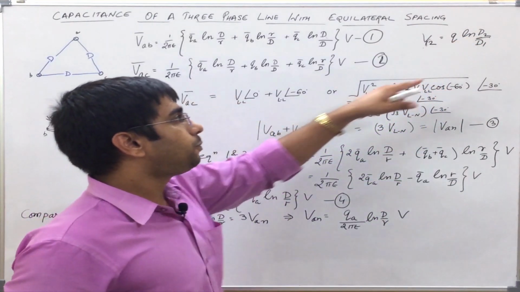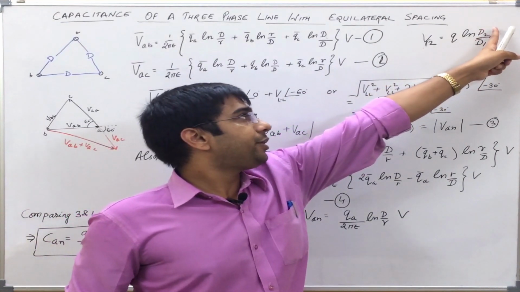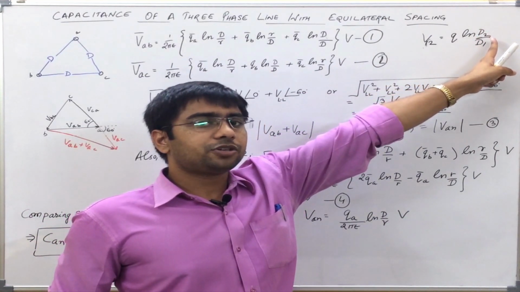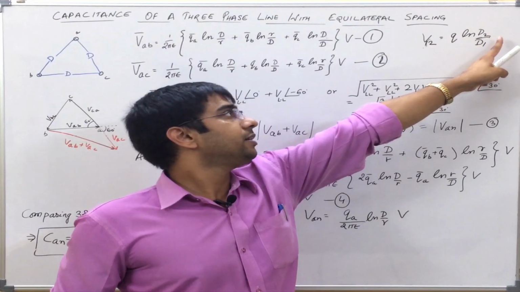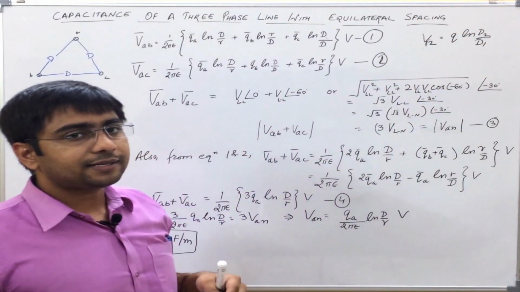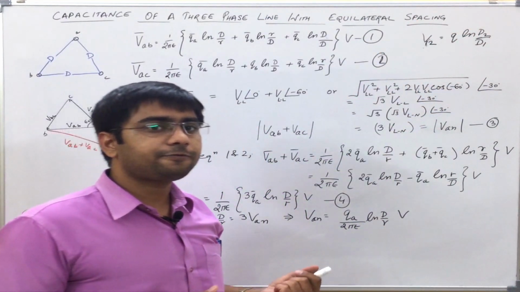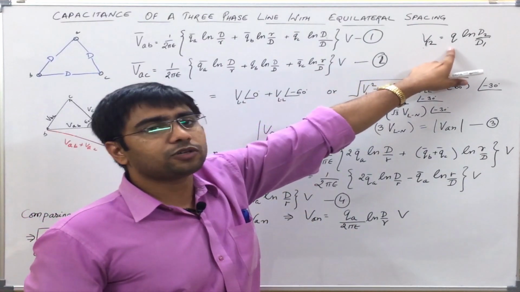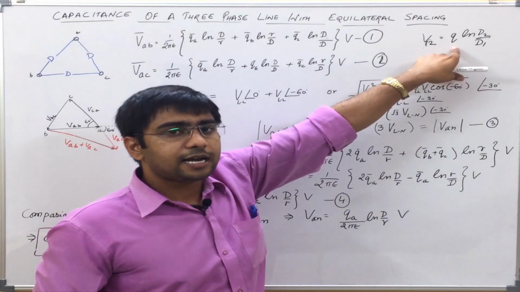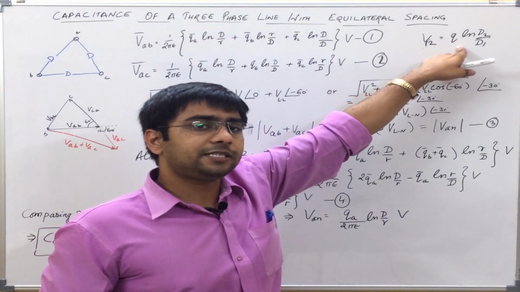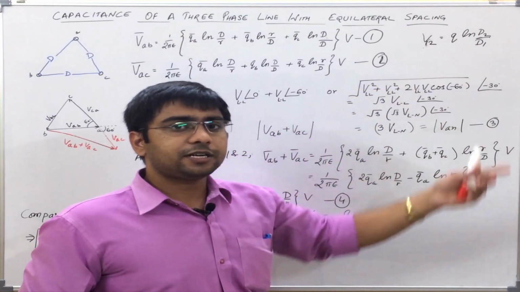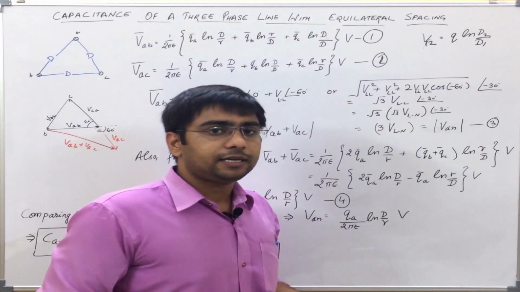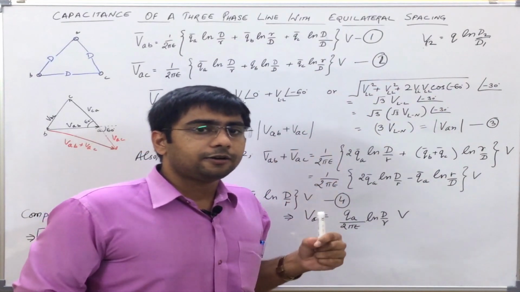That is the position of point 2 divided by position of point 1. So let us see how to write the expression for VAB when there are three charges. This expression was for only a single charge. Now I can use the superposition principle to write the expression even for multiple charges. Let us see how to do that.